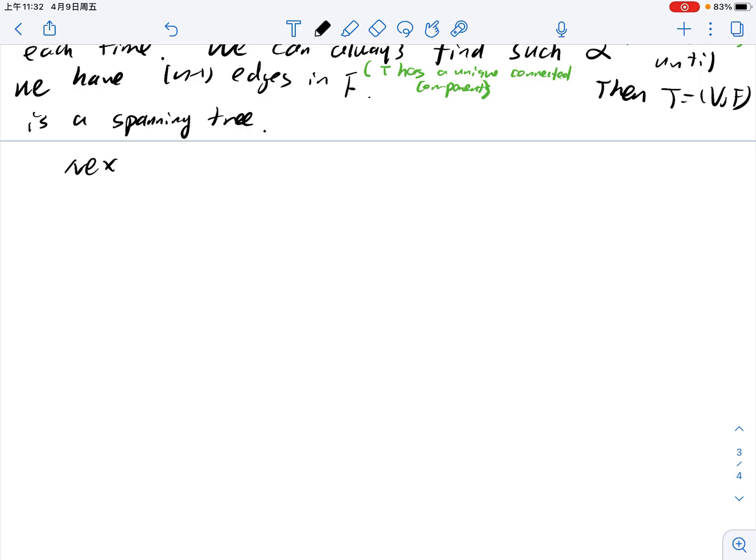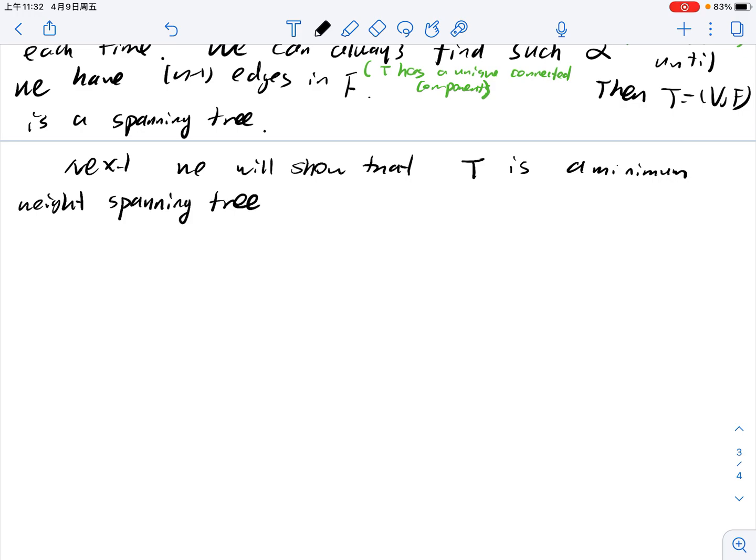Then next, we will show that T is a minimal weight spanning tree. So the idea is similar as before.